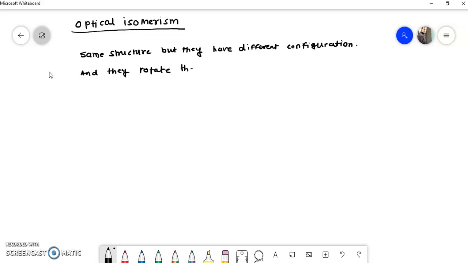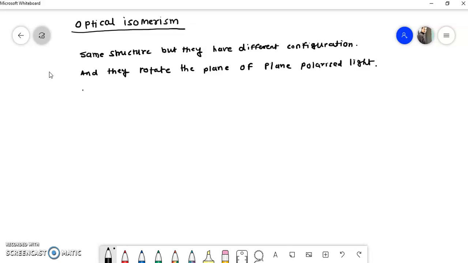This is very important. What are optical isomers? They have the same structure but different configurations, and they rotate the plane of plane polarized light. We will see what is plane polarized light later on.